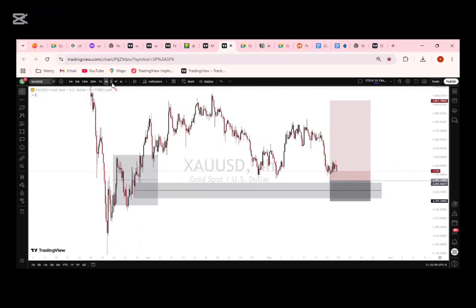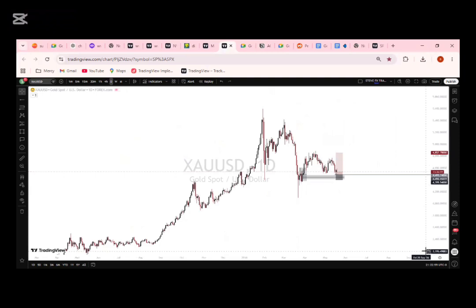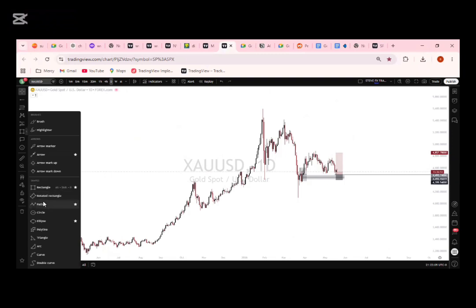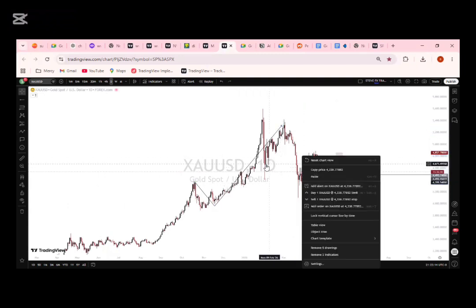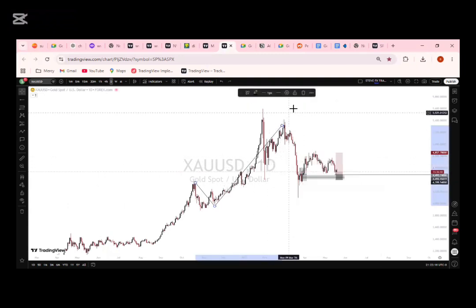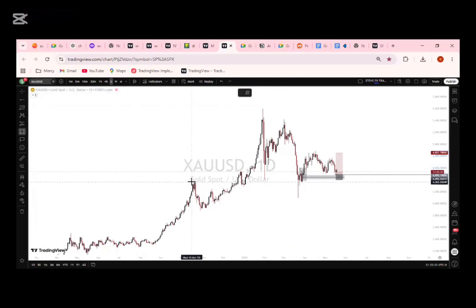Considering this particular trade on gold, we see that gold has been very, very bullish from here, very bullish throughout, and we are sitting on a support zone around this particular area.